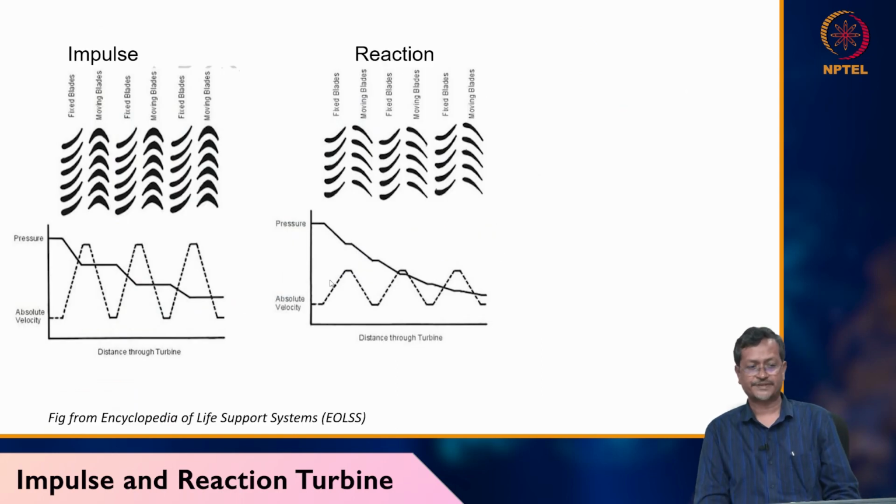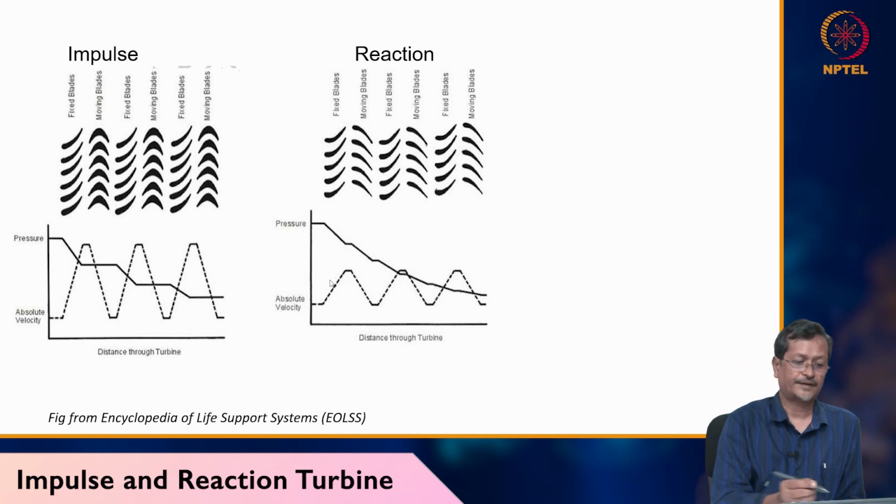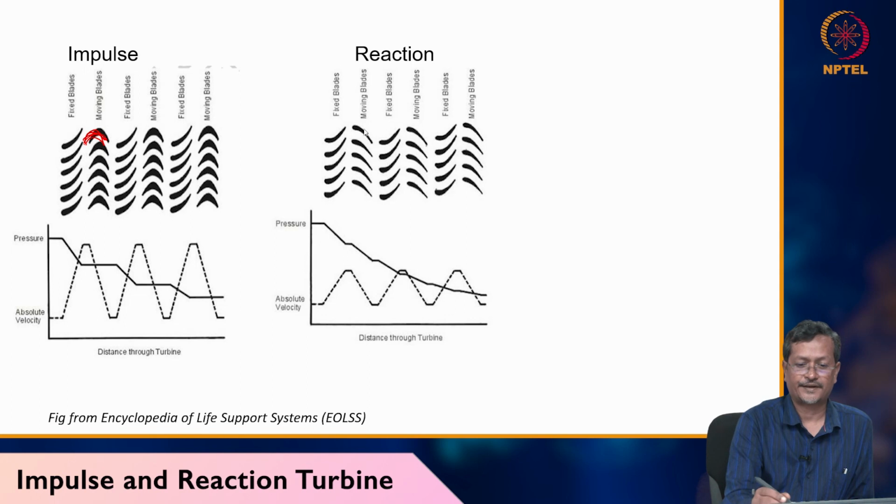Now the impulse turbine and Wells turbine, this is taken from the Encyclopedia of Life Support Systems, EOLSS. Here impulse turbines have crescent shaped blades, and reaction turbine blades are airfoil shaped, you see right side, left side both.